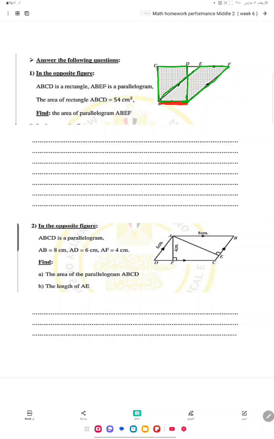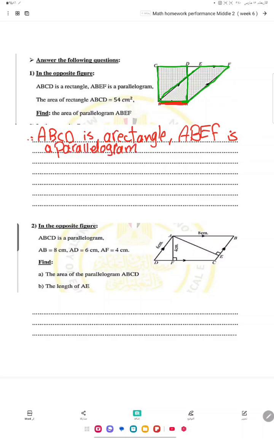Again, let's start to write the proof. ABCD is a rectangle. ABEF is a parallelogram. Okay, and we can say here CF parallel to AB, right?